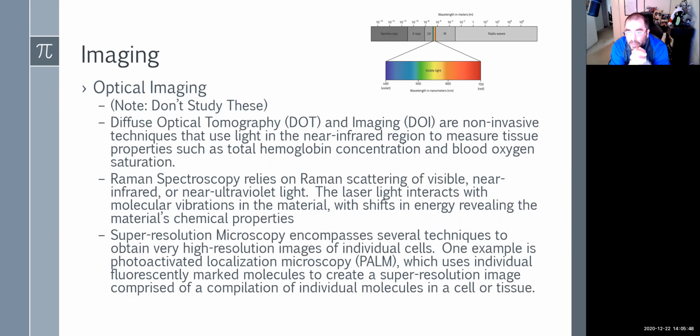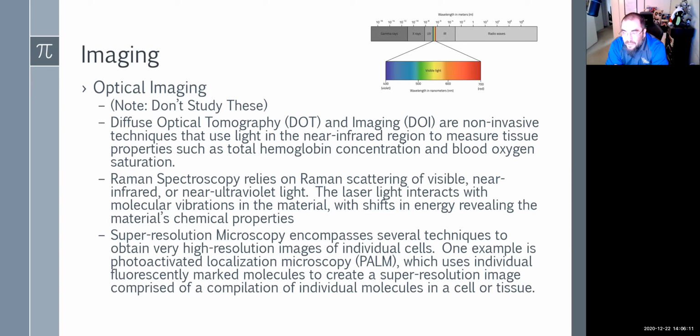Raman Spectroscopy uses Raman scattering of visible, near infrared, or near ultraviolet light. It's again a laser technique that interacts with molecular vibrations of material, which reveals shifts in energy and reveals the material's chemical properties. Again, we're starting to get into some really specialized versions here, like specifically this one down at the bottom, super resolution microscopy, right?